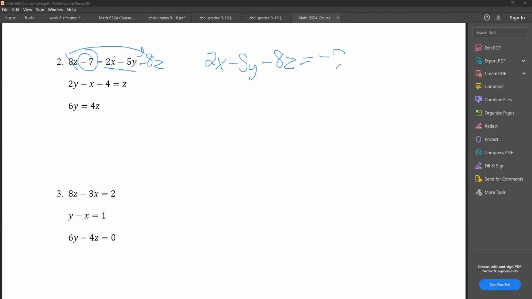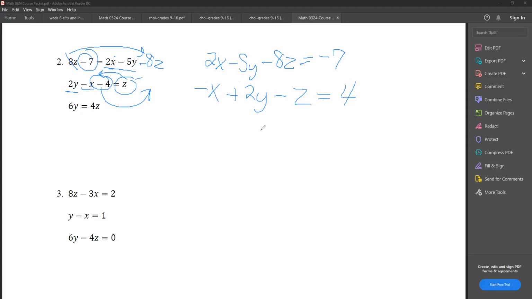That's the first equation. Oh, let's see. So the second one, I have a negative x right here, a positive 2y. I'm going to move the z over, so it becomes a minus z. And the negative 4 has to get moved over to the answer side, so it becomes a plus 4.